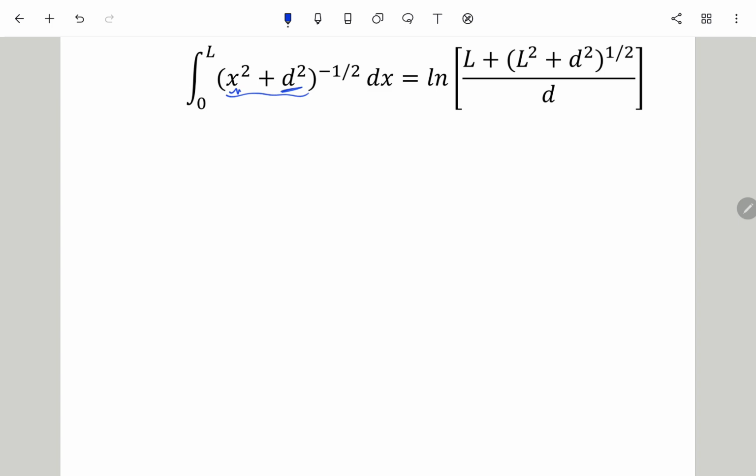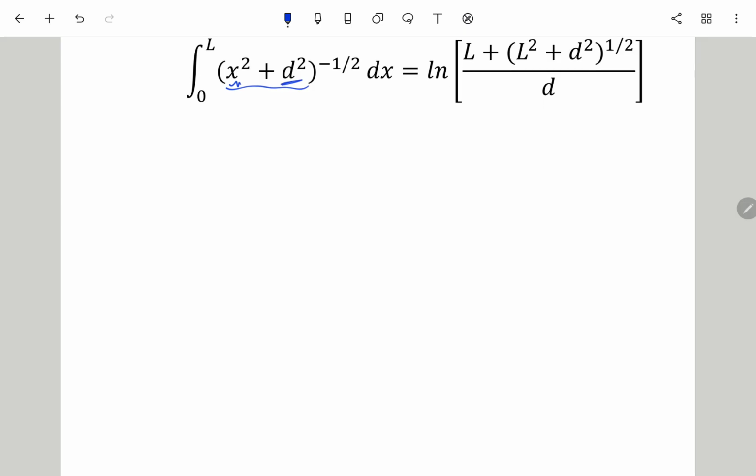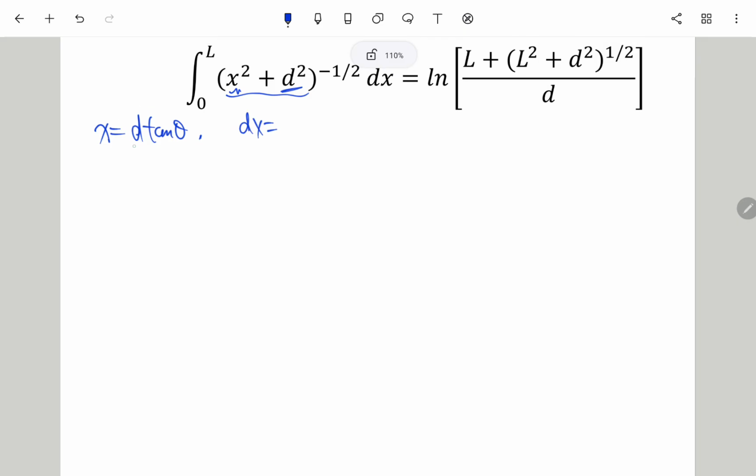This is a constant, so we always make the change of variable x equals d tangent of theta. We take the derivative of both sides: dx equals d times... Don't mix this d with the differential.